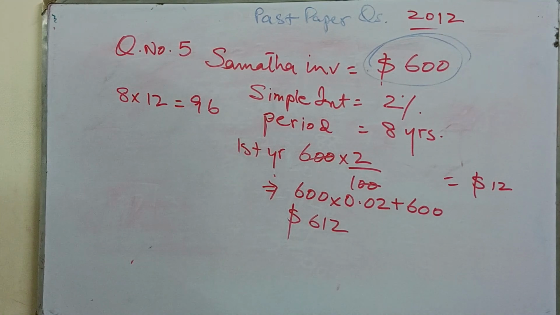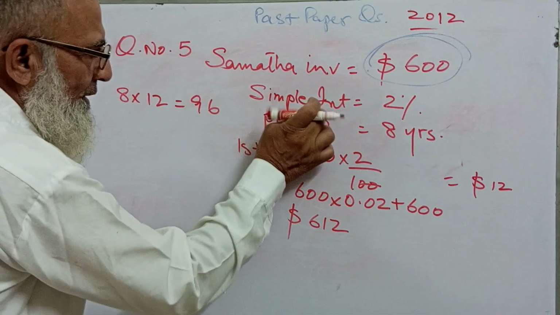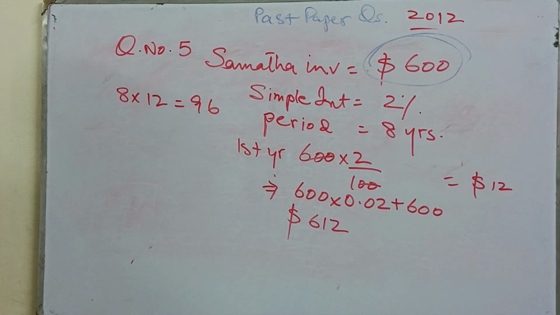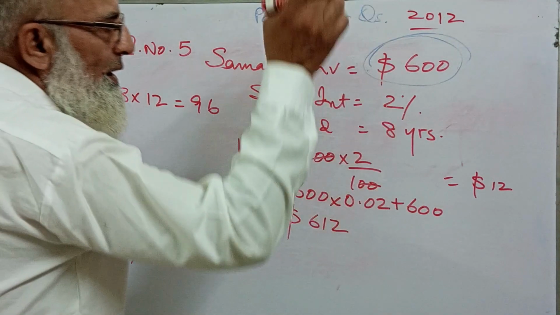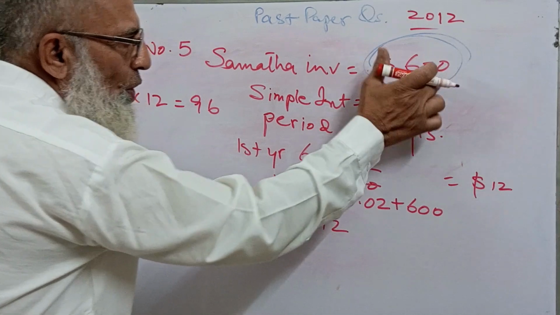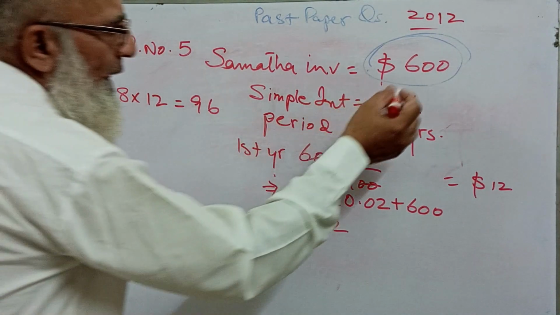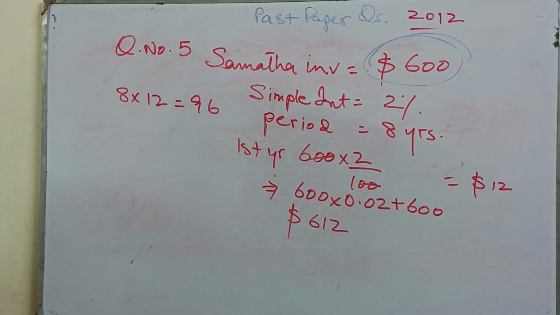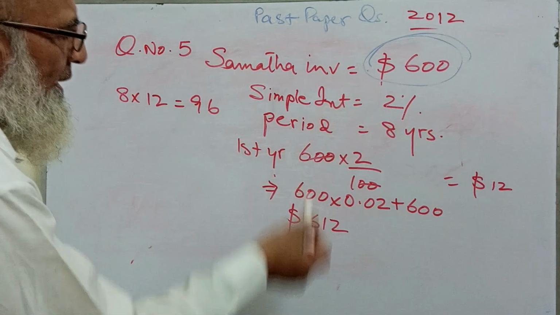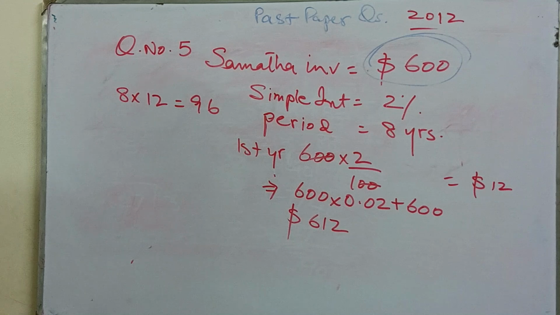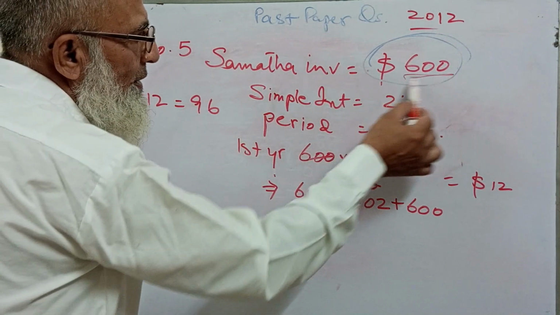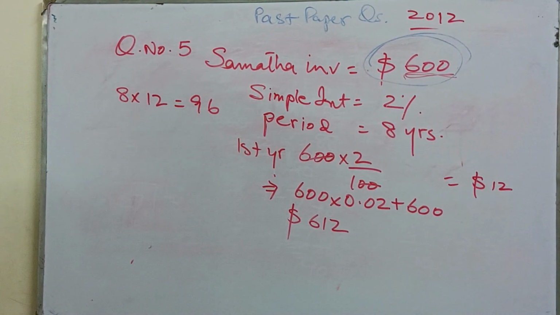Because it is simple interest, we always apply it on our principal amount. We'll always apply it in the first year, the second year, the third year, the fourth, fifth, sixth, seventh year, and eventually in the last year, the eighth year. We'll always use this as the principal amount.